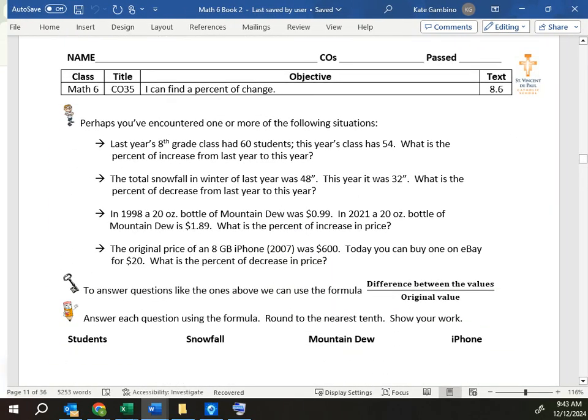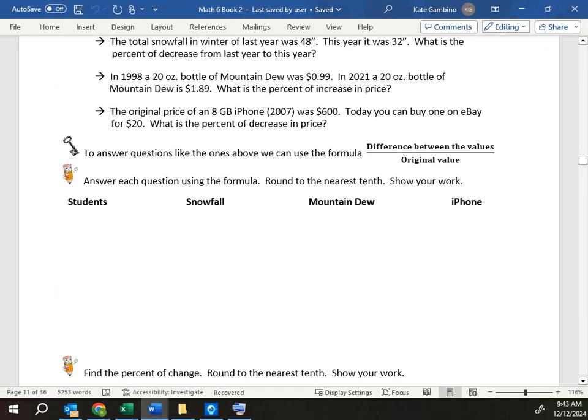All right, finding the percent of change, the one we just corrected today. You will want to have that formula on your help sheet: the difference between the values over the original value.